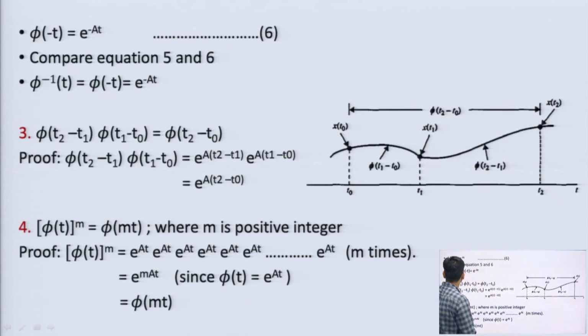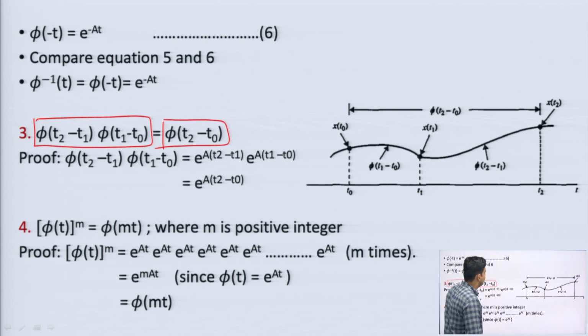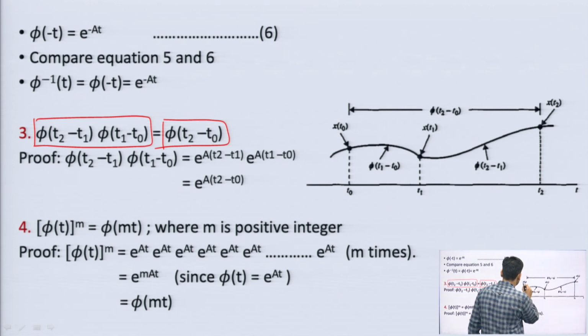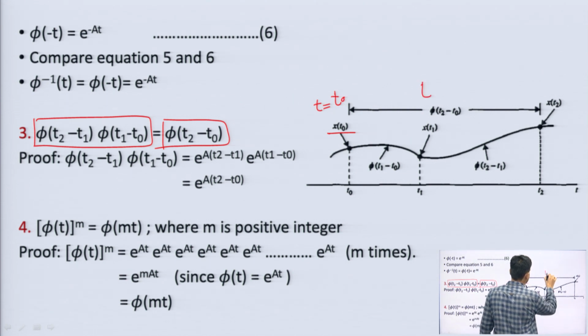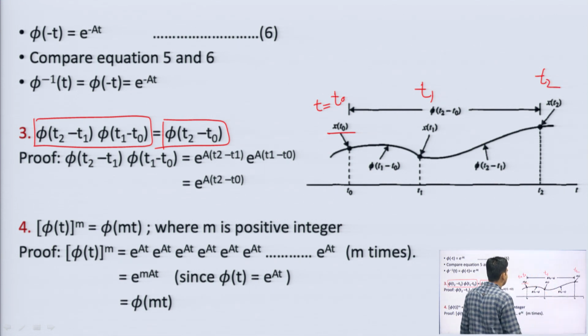In the same way, we will see the third property: phi(t2 - t1) phi(t1 - t0) is equal to phi(t2 - t0). What does it mean? Suppose I define my state vector at time t equal to t0, here at time t equal to t1, and here for time t equal to t2. So, at different instants I have defined my state space model, right.